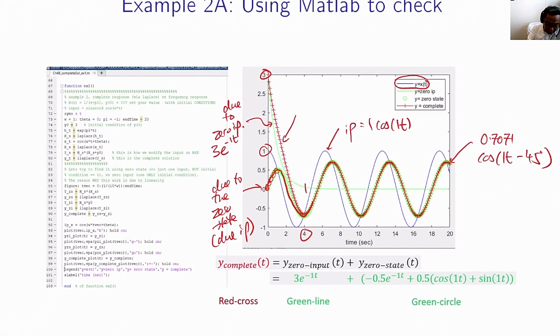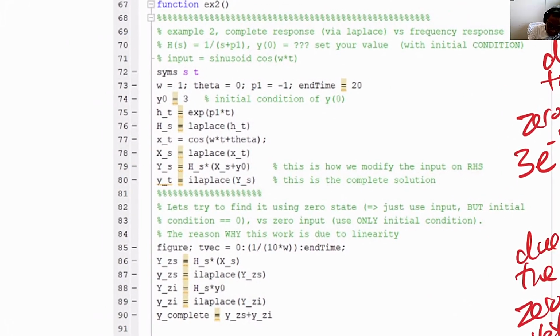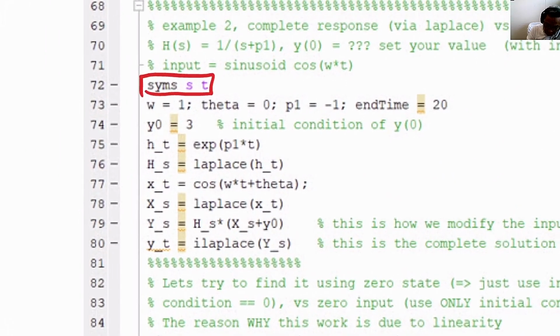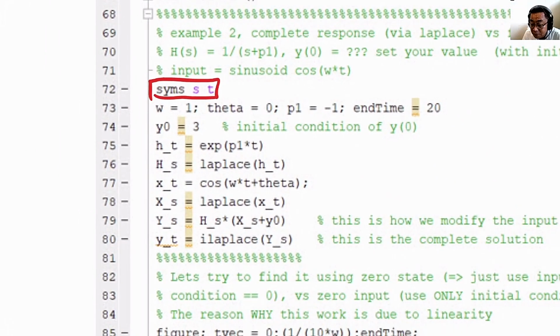Right, how do I solve this? Let's see this. Again, I use the symbolic toolbox in MATLAB, and I set omega equals to 1 for cosine 1t, and theta equals to 0 means plus 0, so we can ignore plus 0.